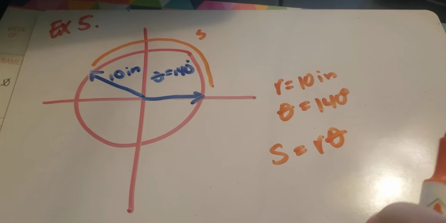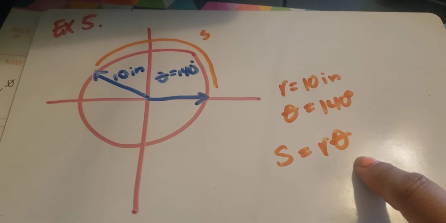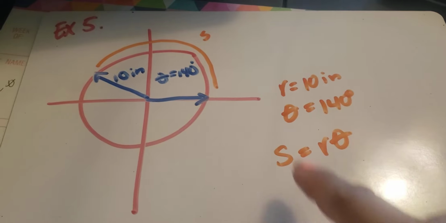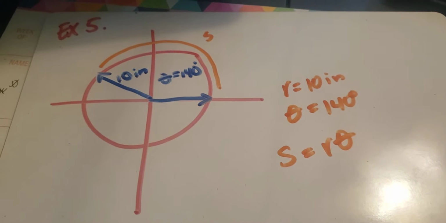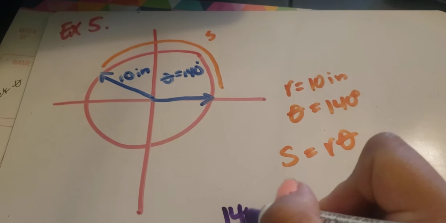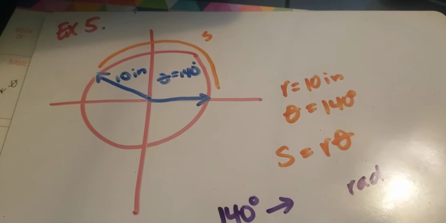Remember what I said earlier, our central angle is always measured in radians, and they gave it to us in degrees. So the first thing we have to do is change 140 degrees to radians.